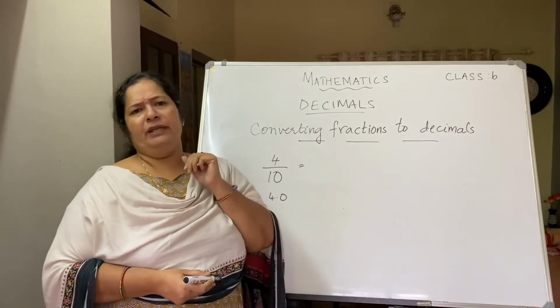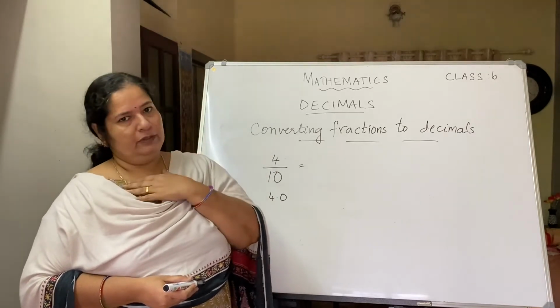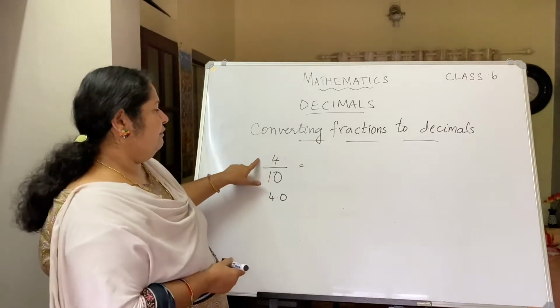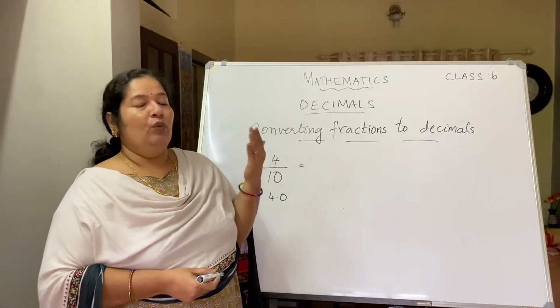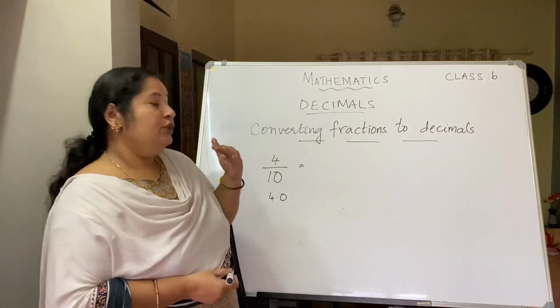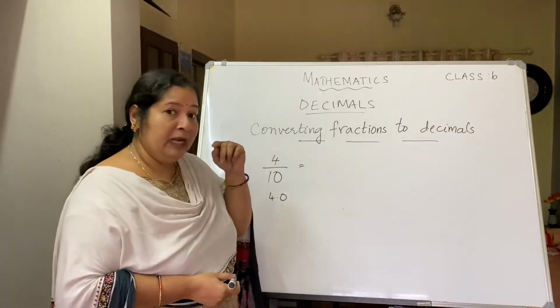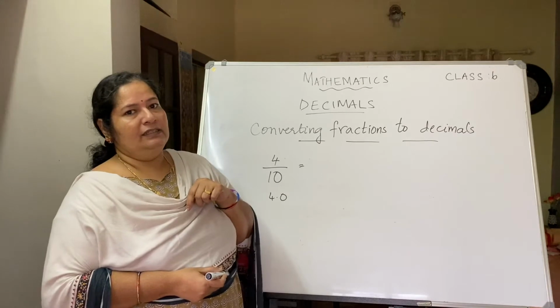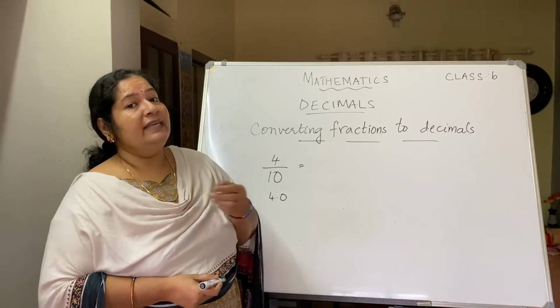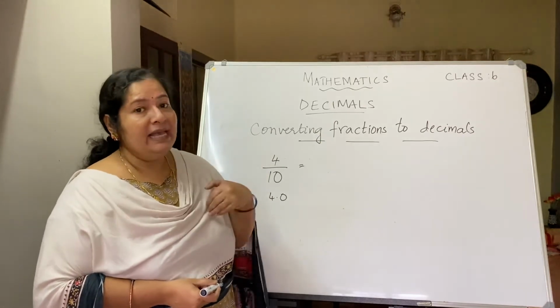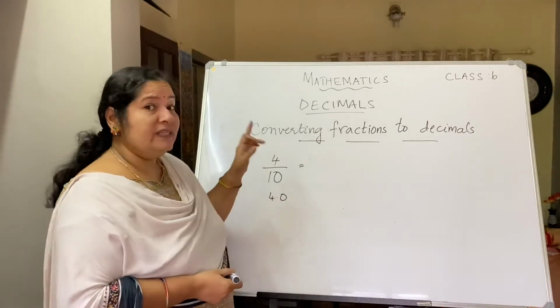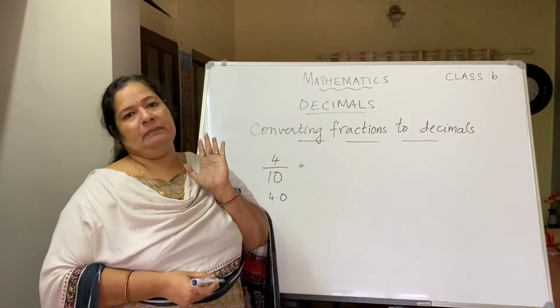25, how do you write it as a decimal? 25.0. Now, to convert this fraction into a decimal, what you do is you shift the decimal point towards the left as many places as there are zeros in the denominator.